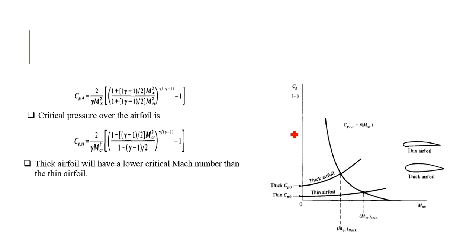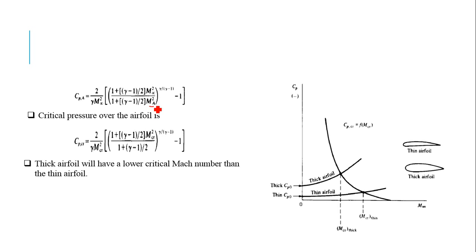So here we have the formula for this. CPA equal to 2 divided by gamma M infinity square, into [(1 plus (gamma minus 1) divided by 2 into M infinity square) divided by (1 plus (gamma minus 1) divided by 2 into MA square)] to the power gamma by gamma minus 1, minus 1. MA is the local Mach number. When this local Mach number reaches 1, we get the critical pressure over the airfoil.